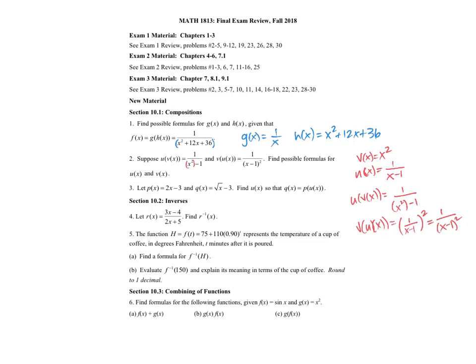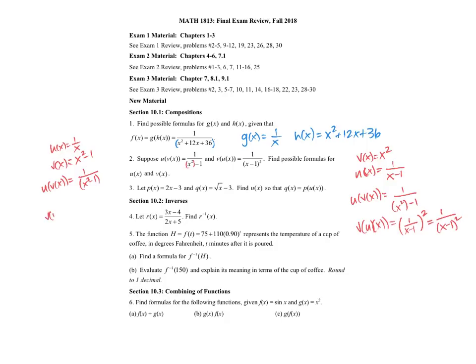Okay, so I told you before that at first I was thinking of maybe letting u of x be 1 over x and v of x be x squared minus 1. So that would certainly give us the right u of v of x, which would be 1 over x squared minus 1.